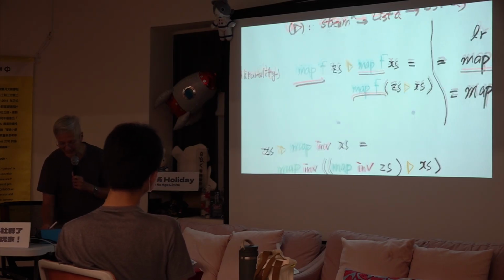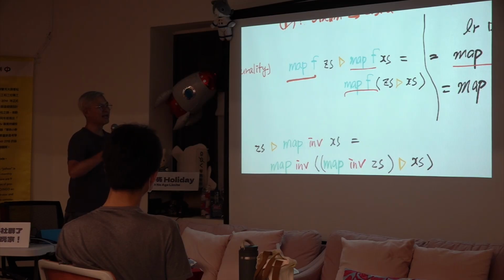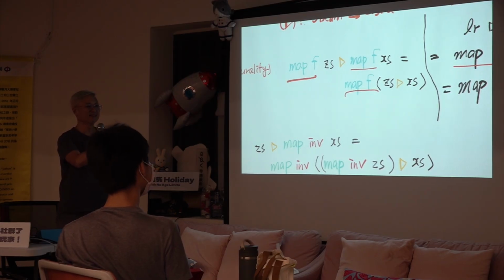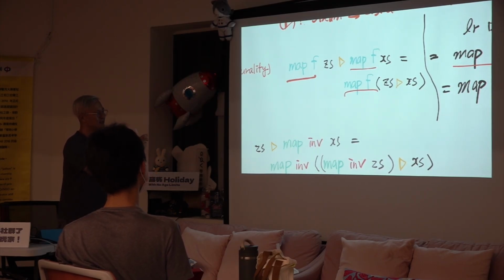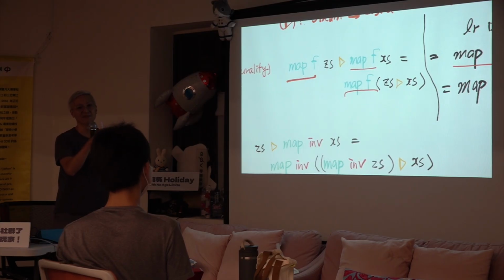So if you do the same thing to every element of the string or list, doing the same thing to every element of the string z and the list xs doesn't change the way the interleave behaves.